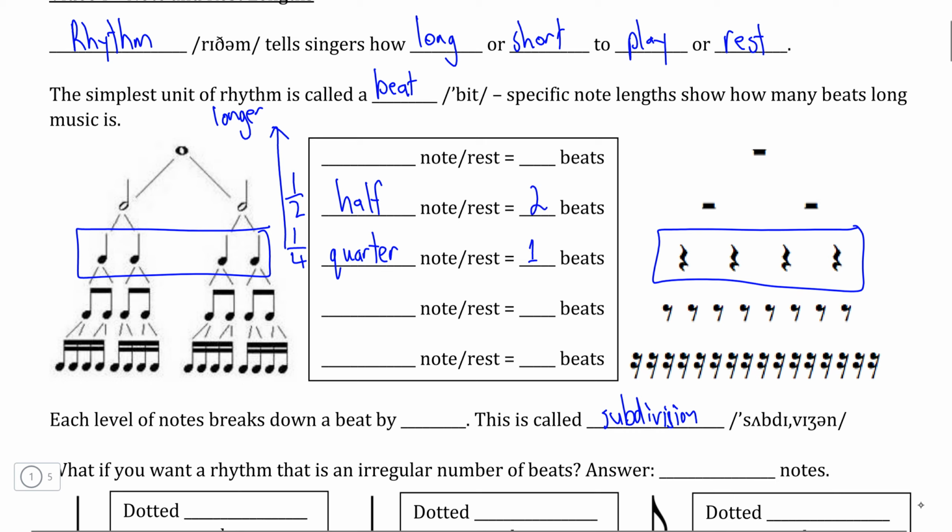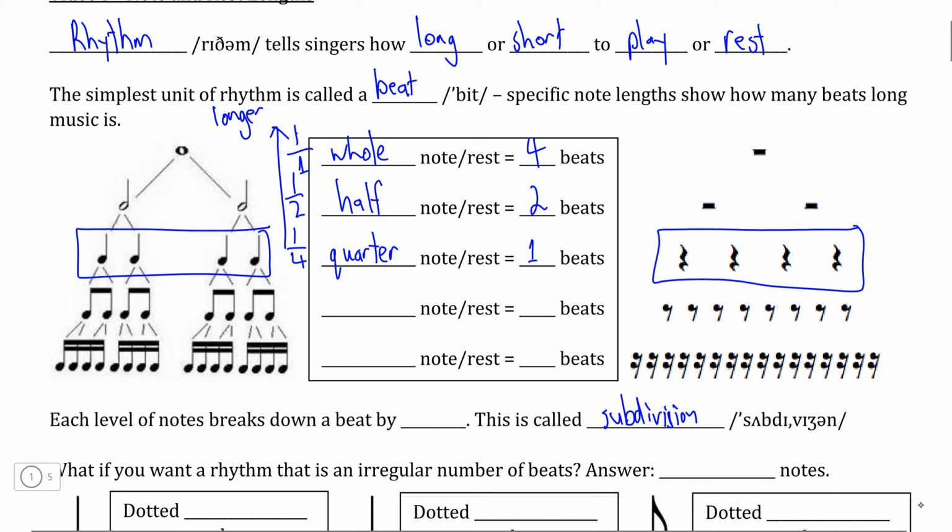Now, at the very top of the subdivision tree is what we call a whole note or a whole rest, which we can make by combining two half notes together. Since each half note is worth 2 beats and half rests are also 2 beats long, we know that 2 plus 2 is a total of 4 beats, and we know them as whole notes or whole rests because when we add up two half notes, 1/2 plus 1/2 is equal to 1/1, or simply 1.